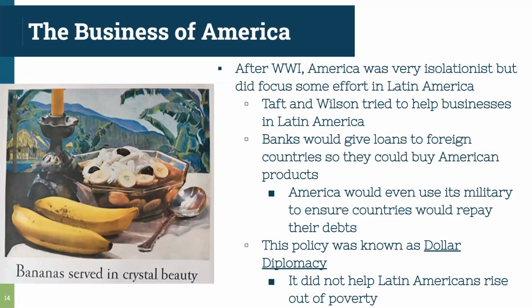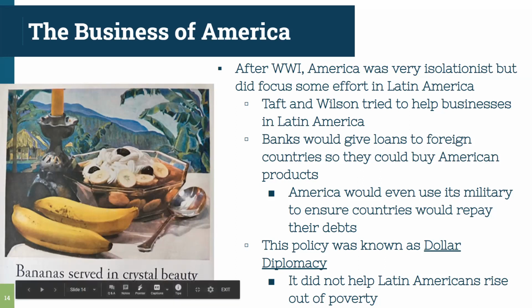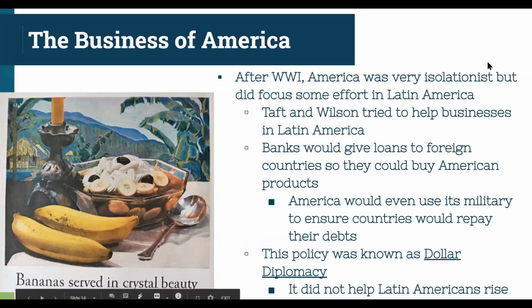One example of this is business owners in the United States giving loans to foreign countries so they could buy American products. So making deals with them: hey, we'll give you money if you buy some of our stuff. And in some cases, if a country did not repay their loan, they would use the American military to make sure they paid their debts. And this is called dollar diplomacy.